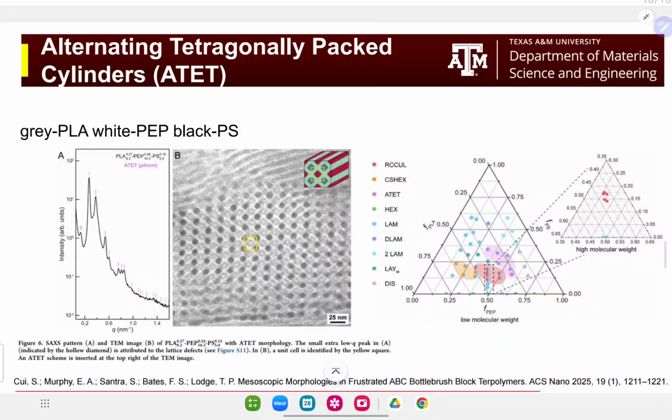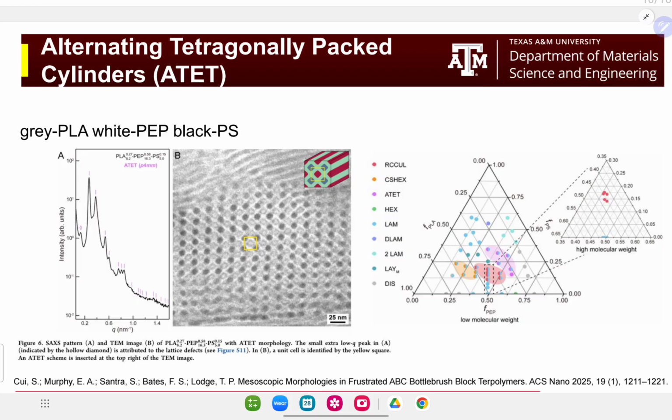Now let's move on to alternating tetragonally packed cylinders, which we shorten to ATET. In figure 6A, it shows the SAXS pattern exhibiting P4mm symmetry, while the corresponding TEM image in 6B confirms the presence of alternating tetragonally packed cylinders.